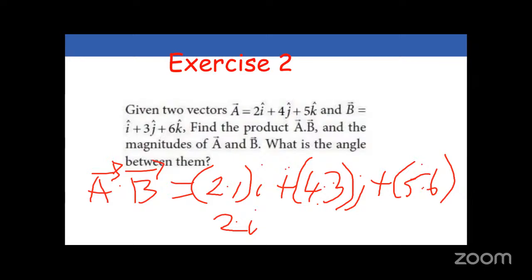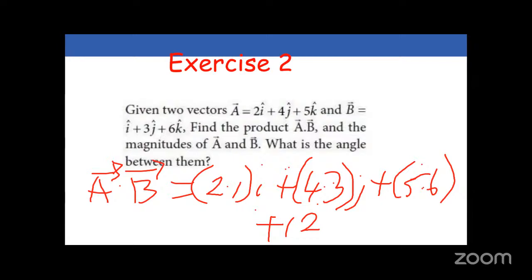Since it is 1, I just leave it as i plus 3j plus 6k. So 2 times 1 gives us 2i plus 4j times 3j gives us 12.